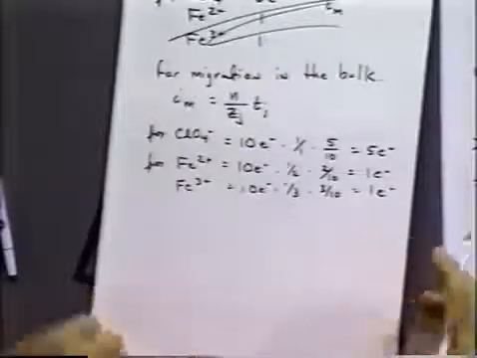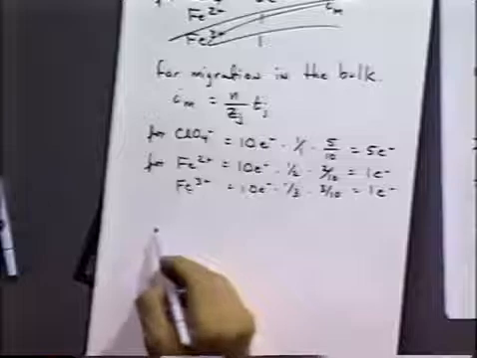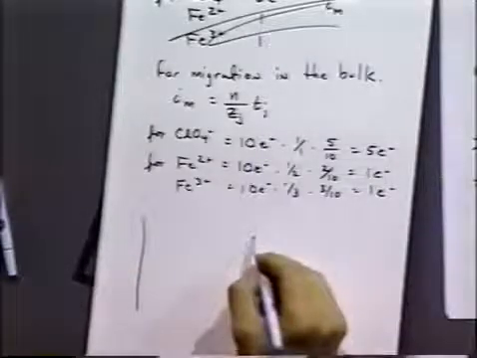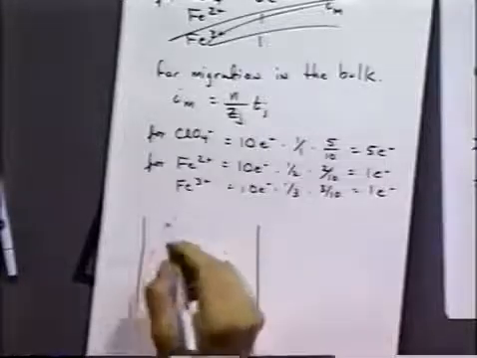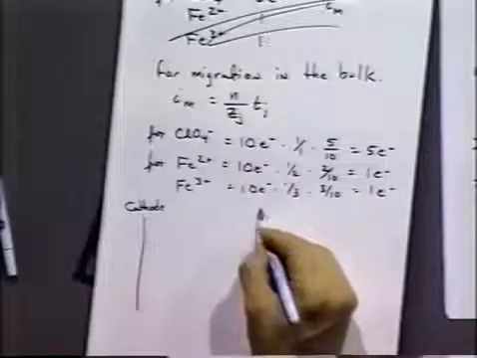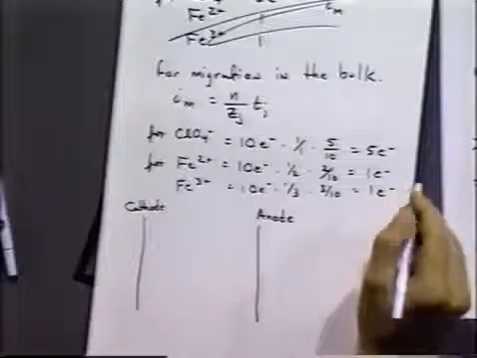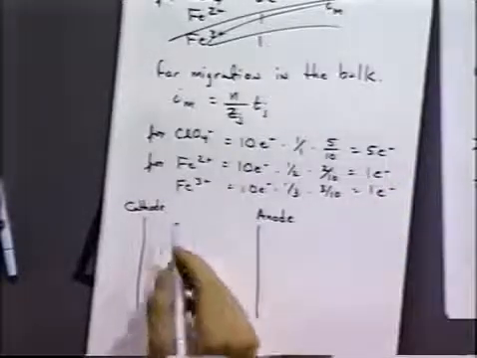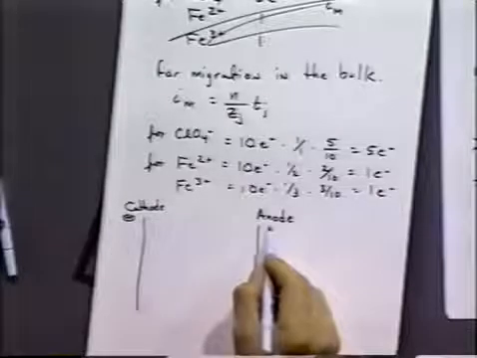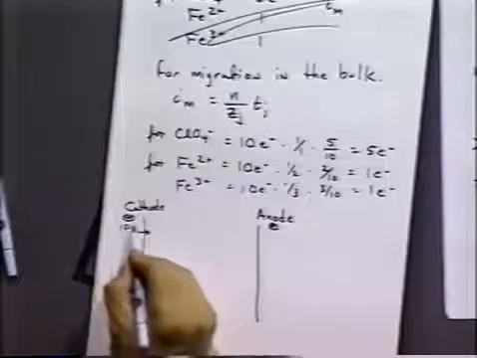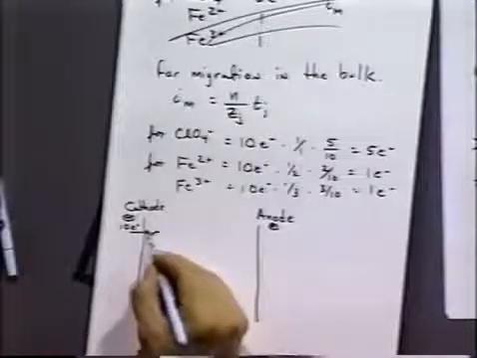All right, so in the bulk, what we're saying is that if we have a system that's composed of 2 copper electrodes, cathode and anode, the cathode having a negative charge, anode having a positive charge, 10 electrons are coming in the system, because that's what we said was happening.